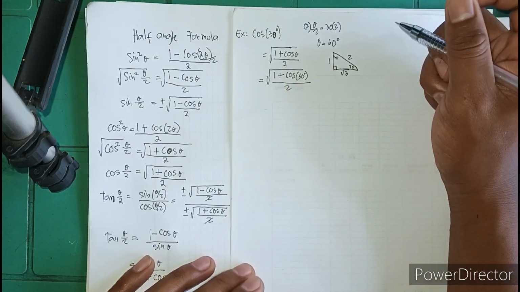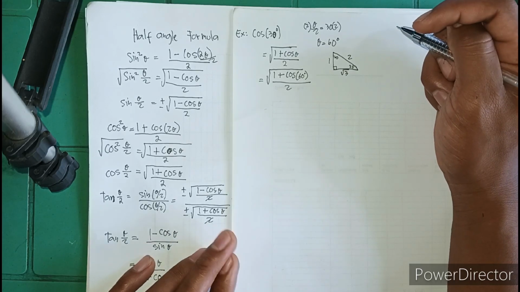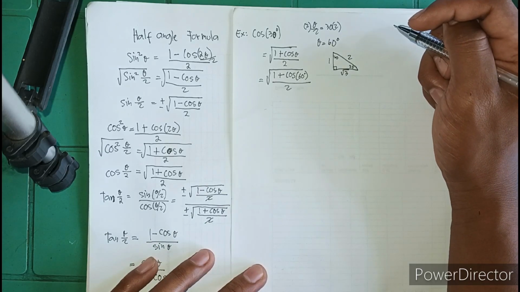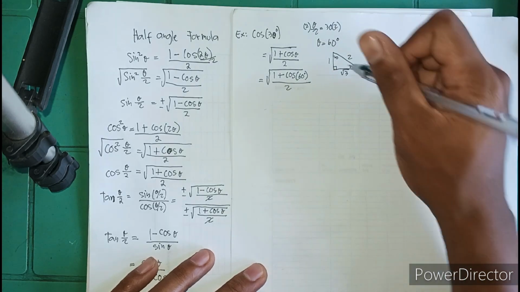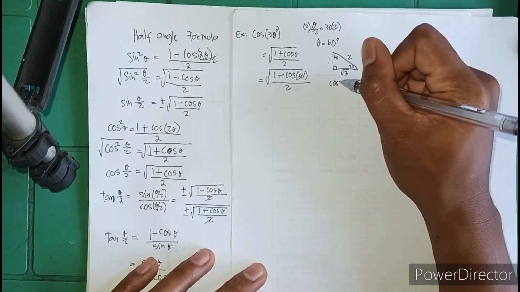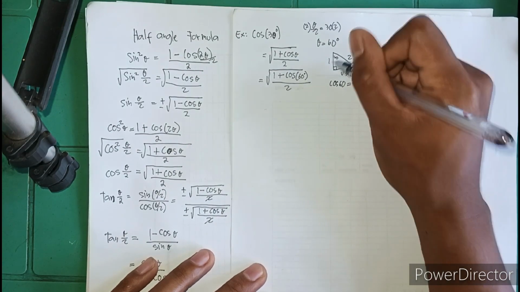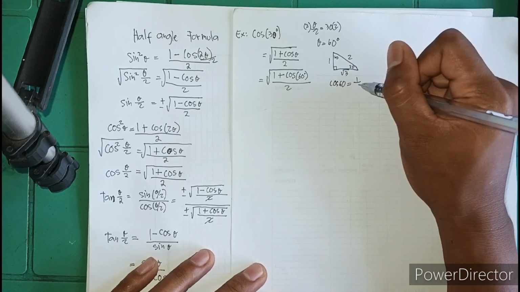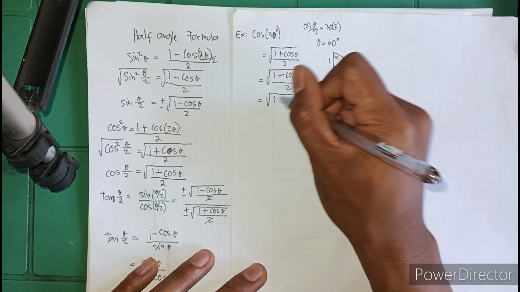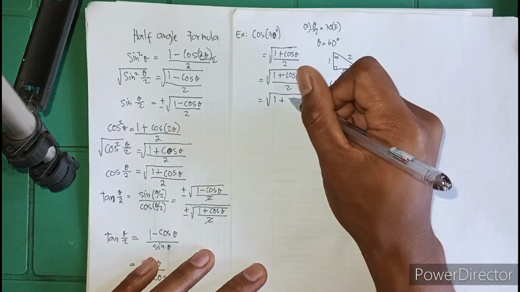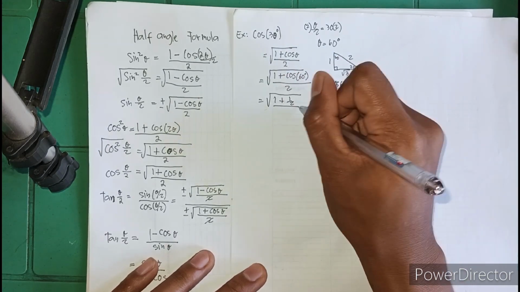So according to SOHCAHTOA, cosine is adjacent over hypotenuse. So our cosine of 60 is equal to adjacent, which is 1 over 2. So you can now simply substitute 1 plus the cosine of 60 is 1 half over 2.